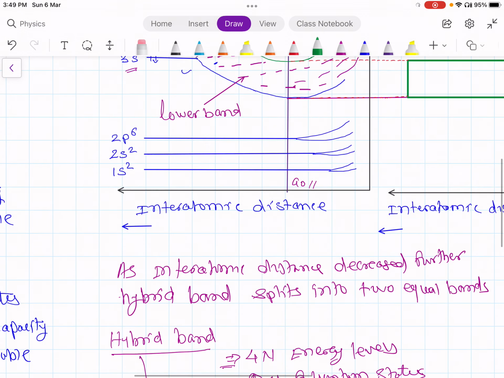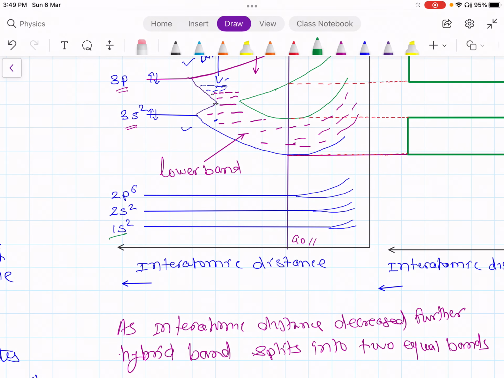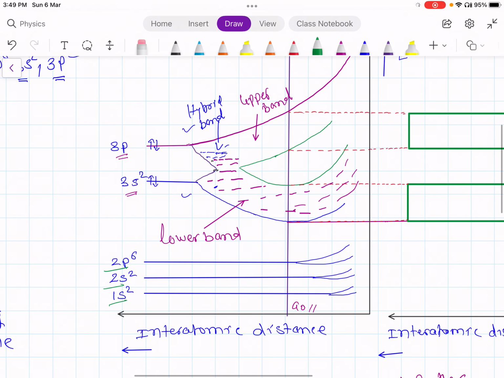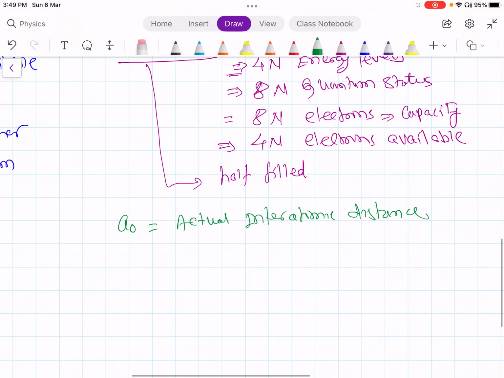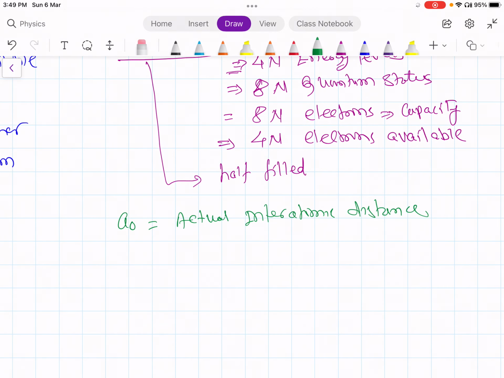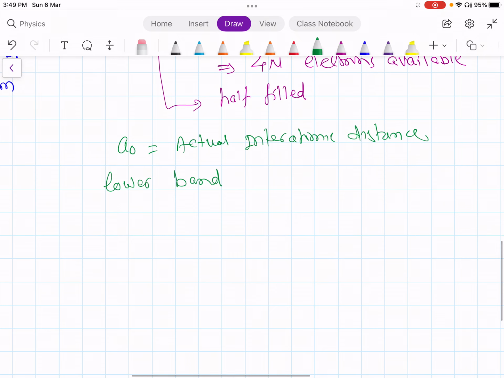At the actual interatomic distance, 1s, 2s, and 2p are not splitting at all. Only here you can see there are two bands, one upper band and one lower band. So let us write what is in the lower band and what is in the upper band.